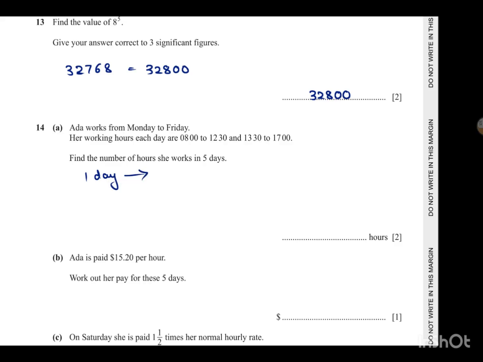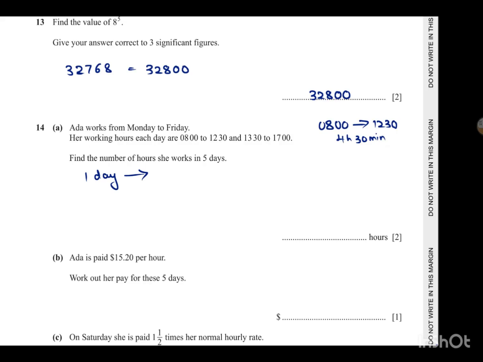So in one day, how many hours? 8 to 12:30. After 8, 9, 10, 11, 12 is 4 hours, and 30 is 4 hours 30 minutes.